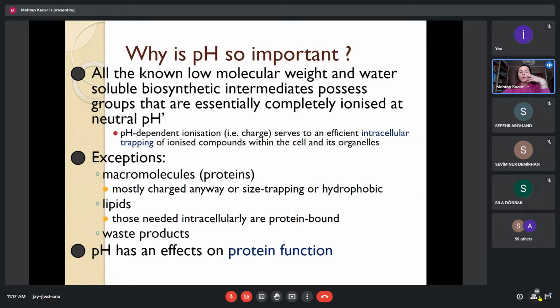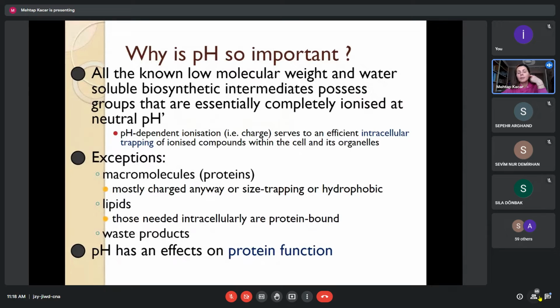Almost all low molecular weight and water-soluble biosynthetic intermediates possess groups that essentially completely ionize at neutral pH. And there are some exceptions. For example, macromolecules such as proteins, which are mostly charged anyway, or hydrophobic molecules.